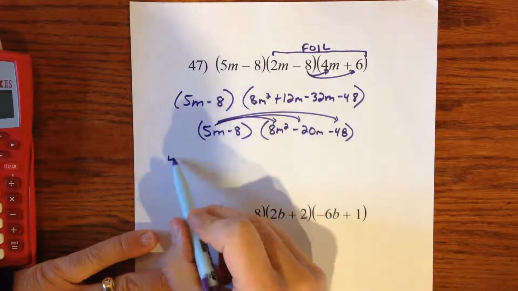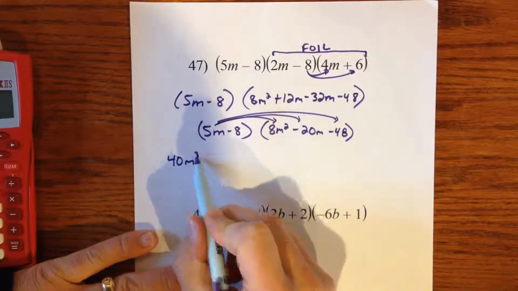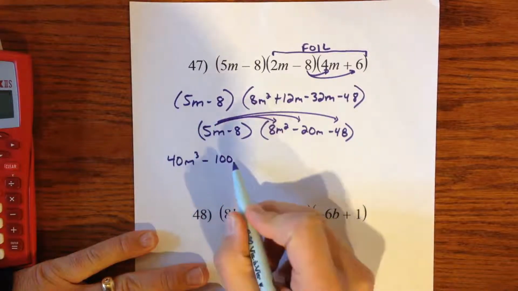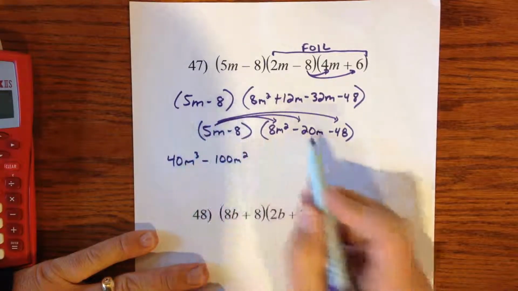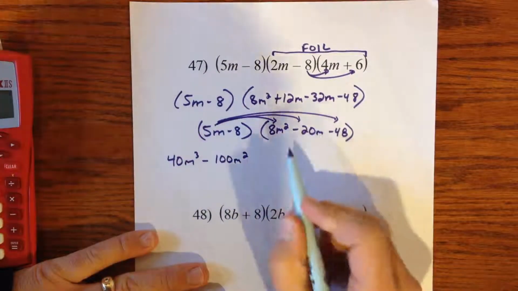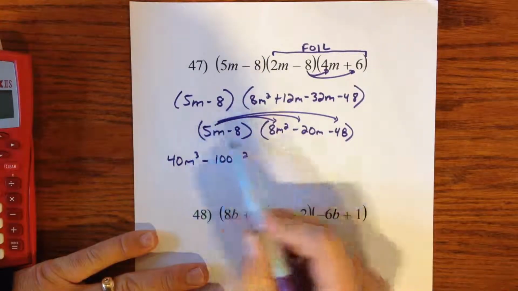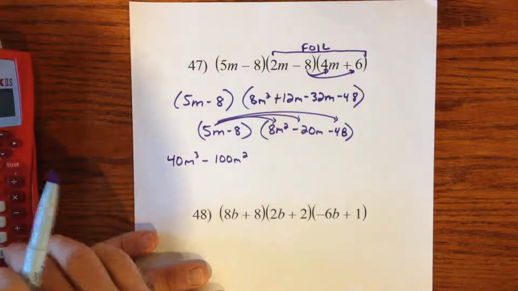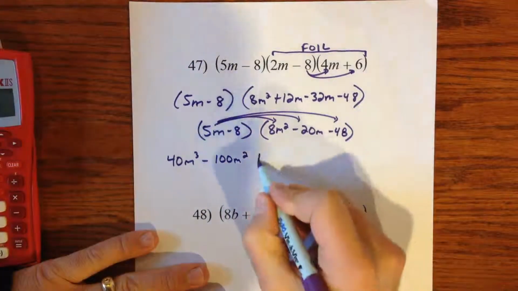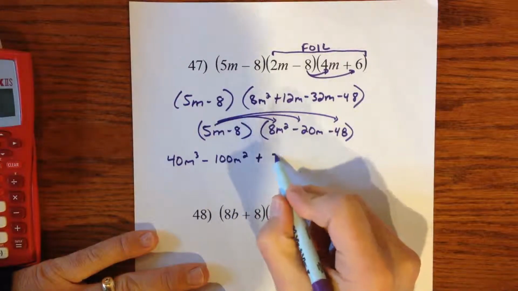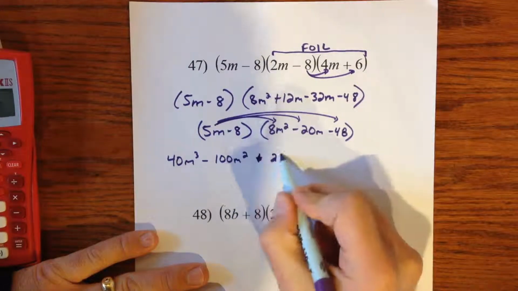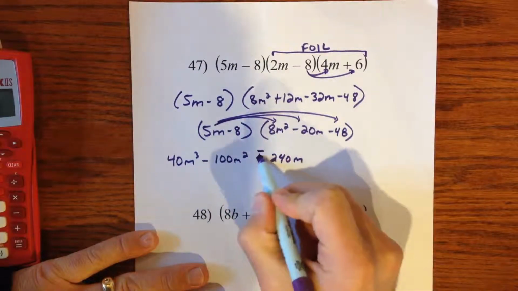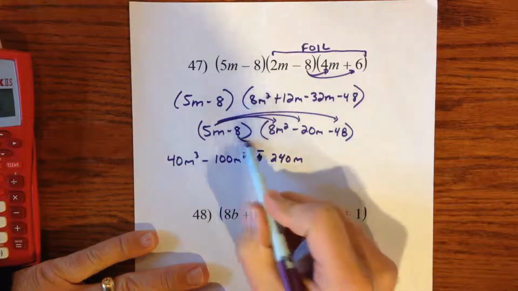So you end up with 40m cubed minus 100m squared, the 5 times the negative 20, and then 5m minus 48, I'm going to cheat real quick, 48 times 5 is 240, so that's 240m. Negative times positive is a negative. Alright, I got ahead of myself. There we go.